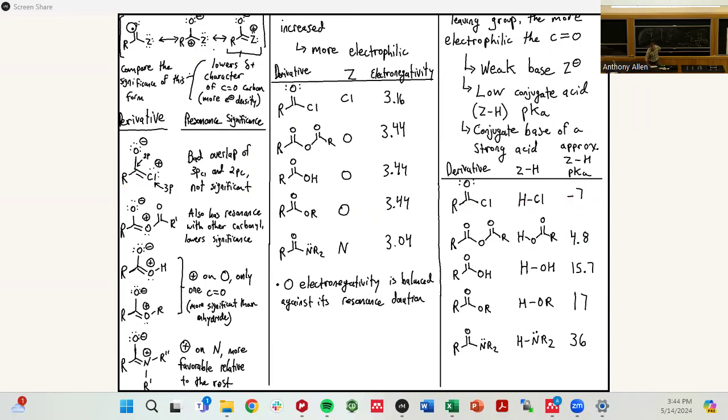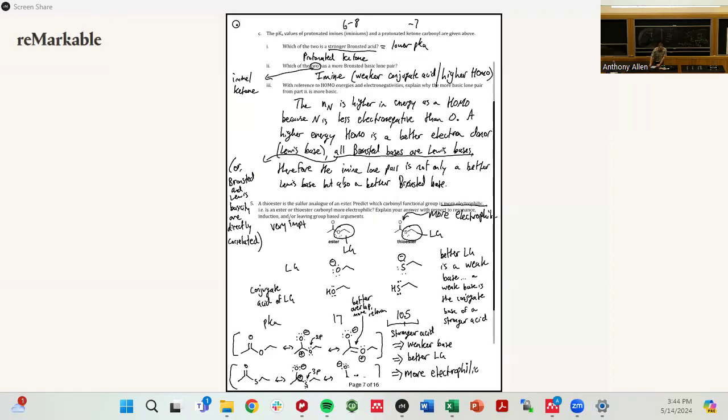This is an important concept to be able to think about, the higher or the lower pKa of the conjugate acid of your leaving group.